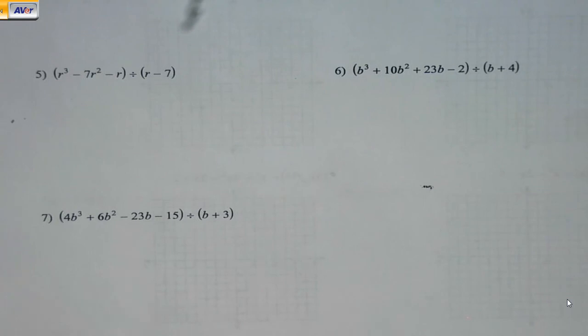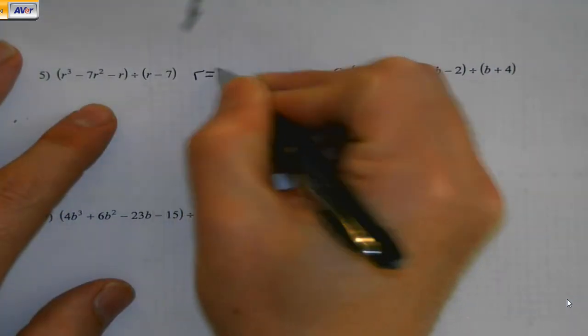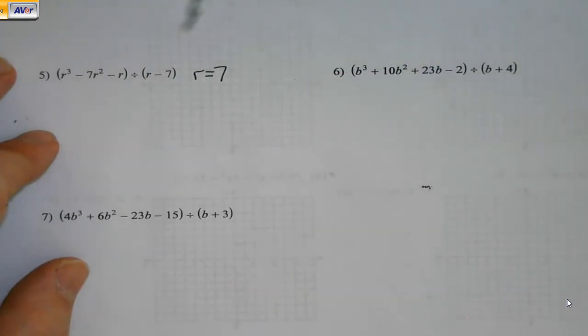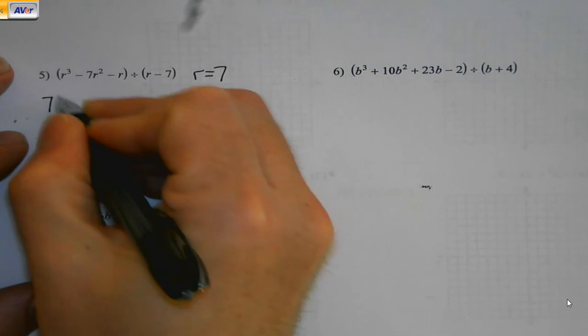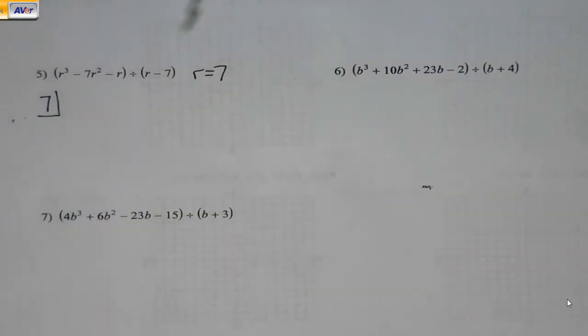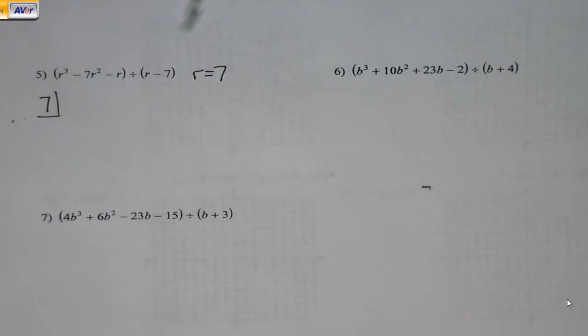So when I get to number 5, I go, okay, my R value I'm going to plug in is 7, because again, it's going to be the opposite of the sign that I see. And I start to look. And you might be like, well, he said this is going to be one of the degree gap. Okay, let's see. 3, 2, 1. What's the big deal? What's he talking about?